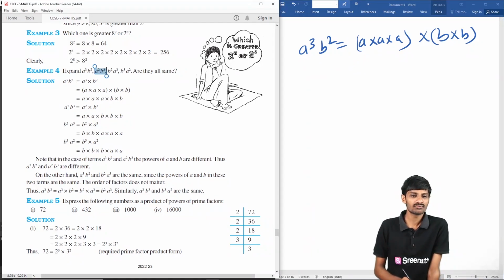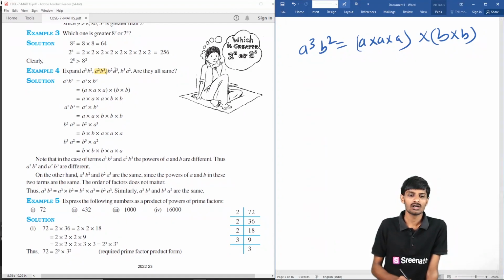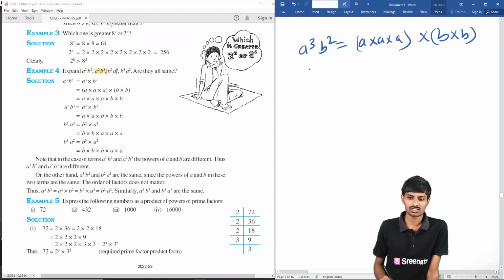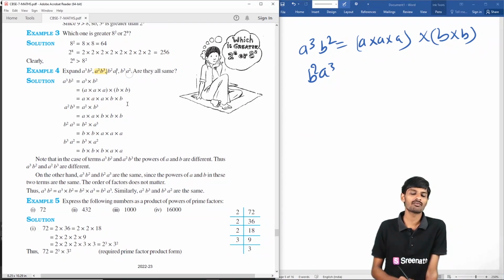And if you see a square into b cube, here having only 2 a's, but here we are having 3 a's. So these two are not equal. Looking to the next one, it is having 3 a's and 2 b's, so similar to this. So b square a cube, third term, it is also similar. And here also b cube a square, it is not similar. It is only having 2 a's. So that is the situation, students. Okay.